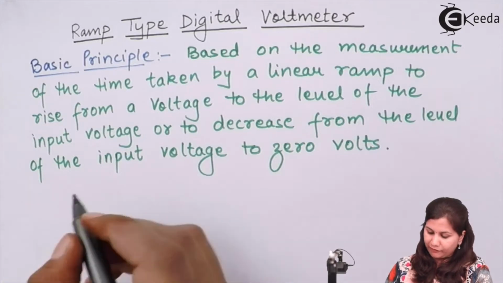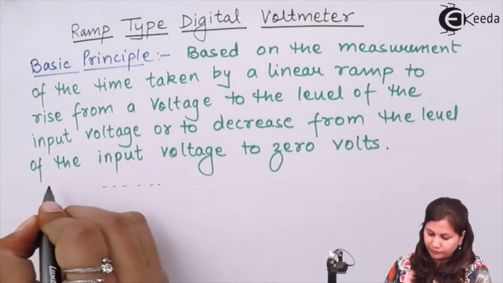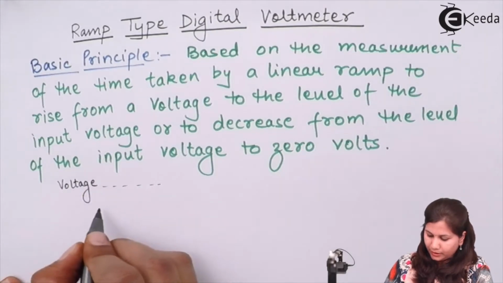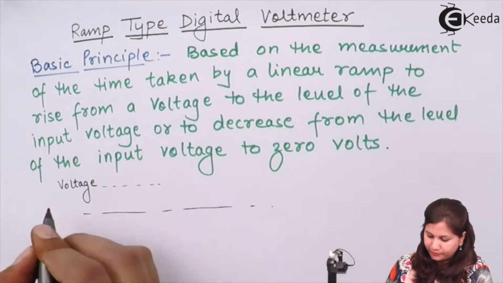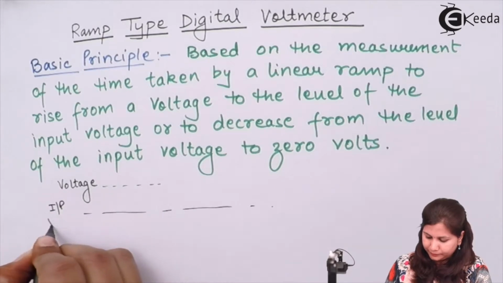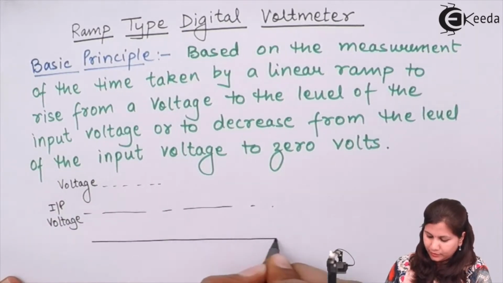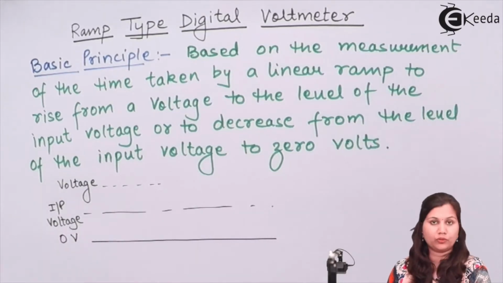Suppose here we are having a voltage level. This is our input voltage. And this is the line for 0 volts.